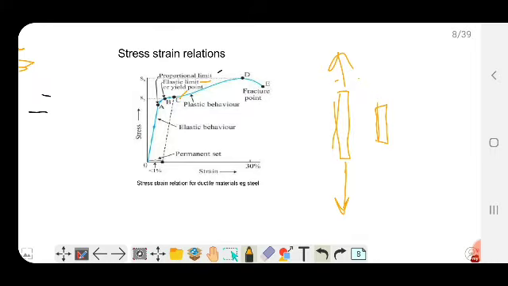But after D, even after decreasing stress, we can see it is undergoing some strain, and at point E, which is called the fracture point, it will break.